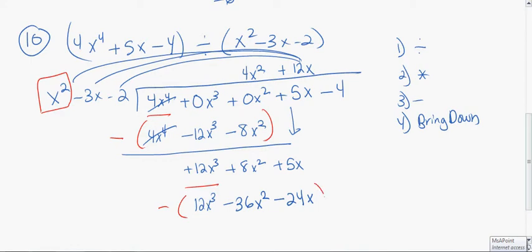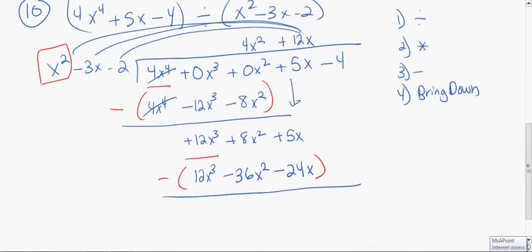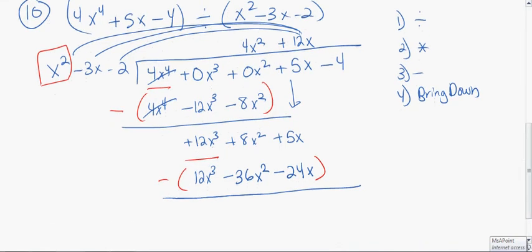I'm going to put parentheses around that whole line just to make sure I subtract every term. Help me keep track of those signs. 12x cubed minus 12x cubed, 0x cubed. Those are gone. 8x squared minus a negative 36x squared. That turns into addition. So I've got 8x squared plus 36x squared brings us to 44x squared.